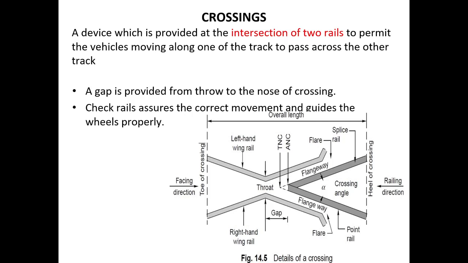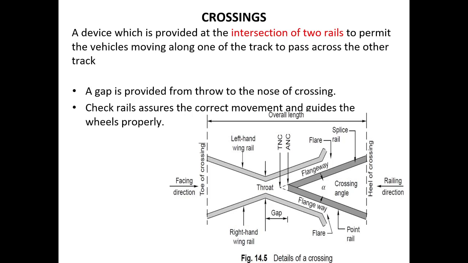So in our day to day life, when we are traveling in the train, we have to face the crossing, due to which the journey time increases because one of the trains needs to stop during crossing. So what is crossing? It is nothing but the intersection of two rails. Why? To permit the vehicle moving along one of the track to pass across the other track.